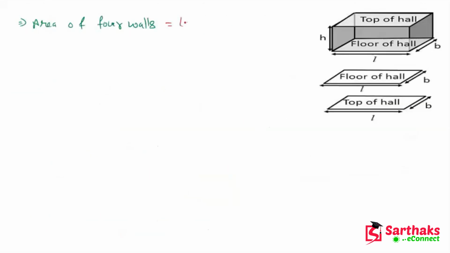Is equal to lateral surface area. And what is lateral surface area? We know that this is 2 into H into (L plus B). It means 2H into (L plus B), and from equation number 1, this is 125.